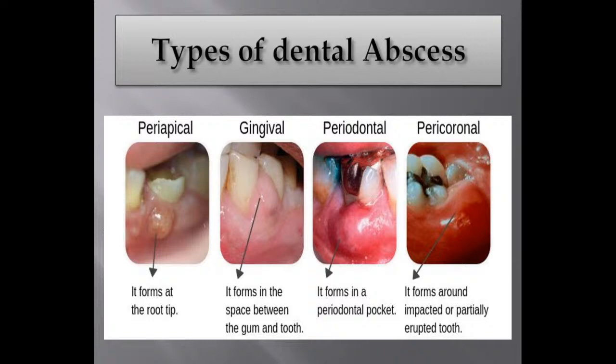A pericoronal abscess forms around an impacted tooth when the tooth tries to erupt, and the gingiva covering the erupted tooth may be a cause of inflammation.